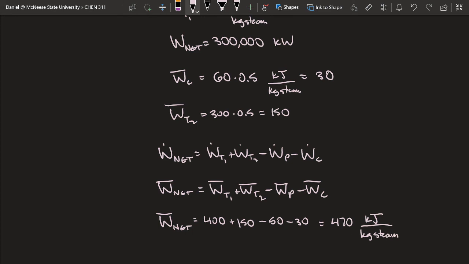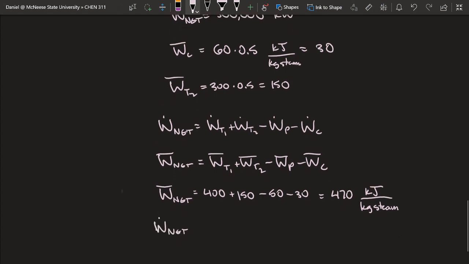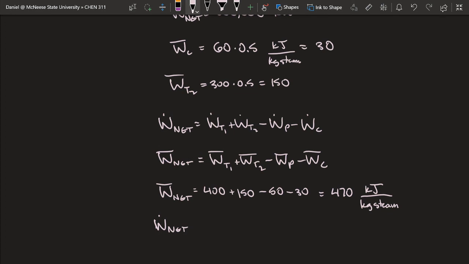Okay. So now that I have that number, I know what my scale up number is. I know that if I take my work net dot, manipulate it somehow. Hold on. What do I need to do? Divide it by. Is that right?